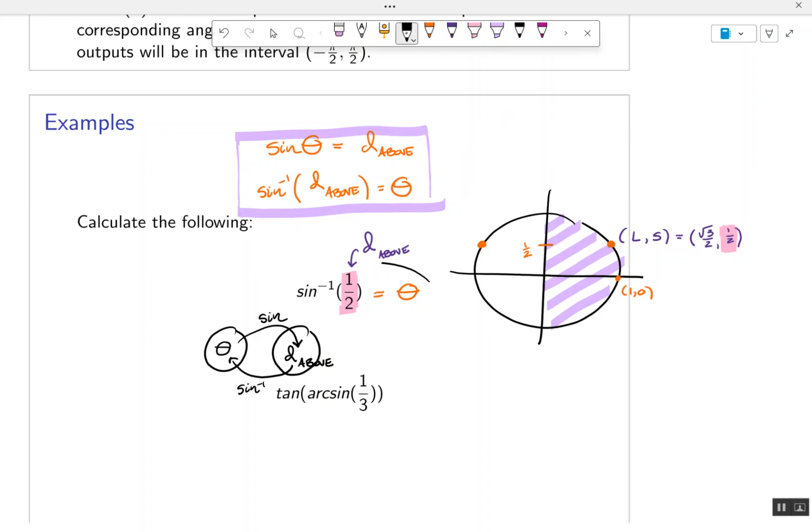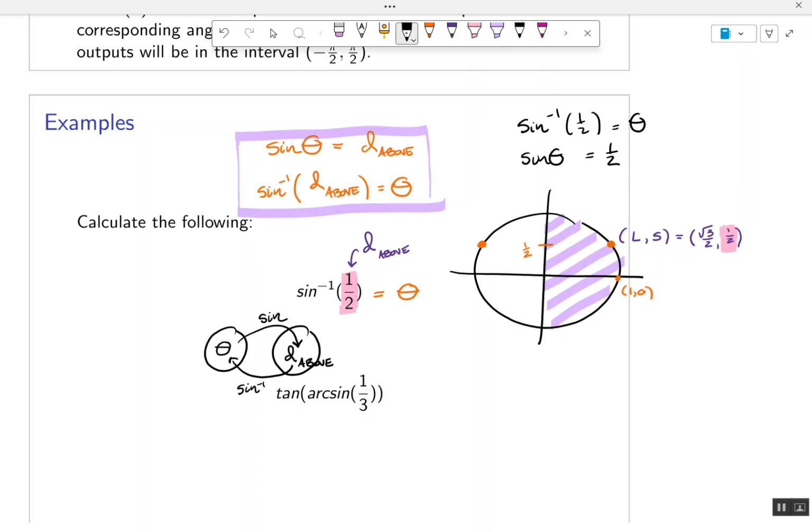So what they're saying is, find the angle that gives me a sine of 1/2. So if you see sine inverse of 1/2, we know this is an angle measure, so sine of that angle measure is 1/2.